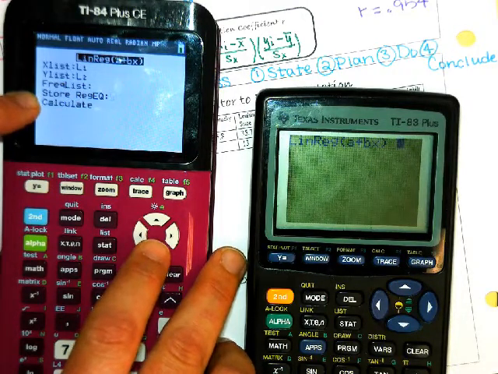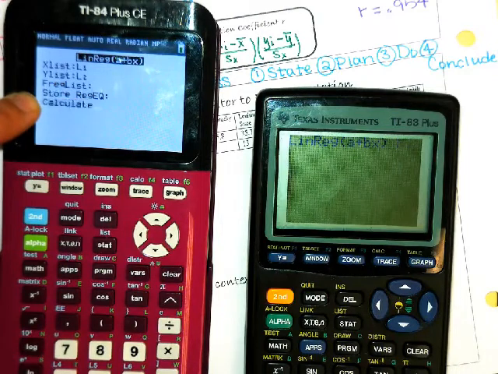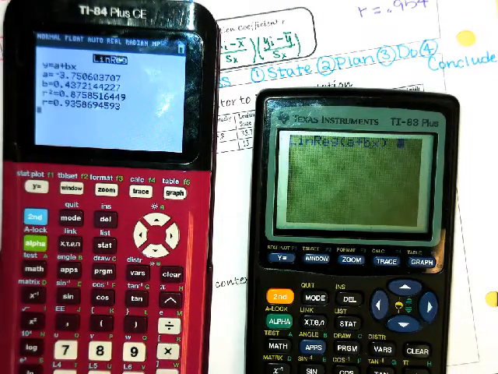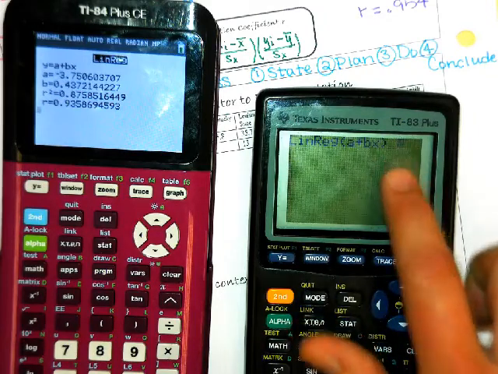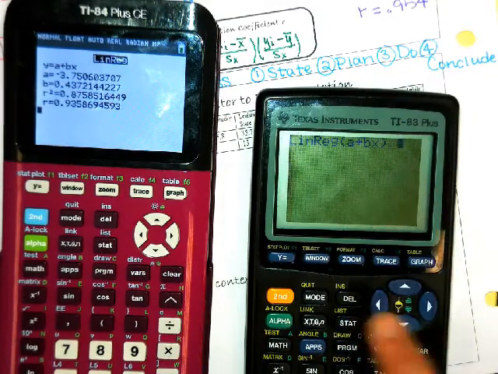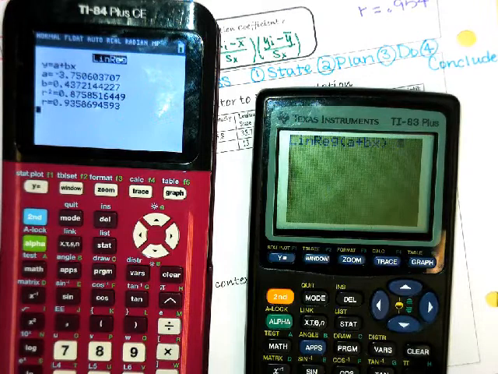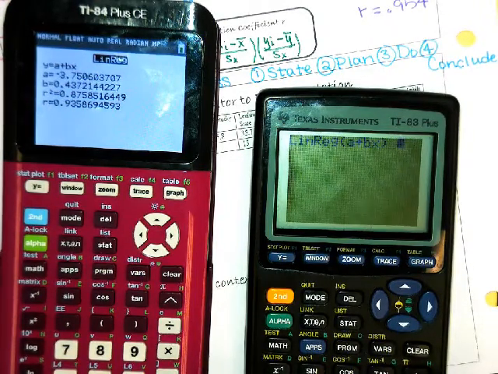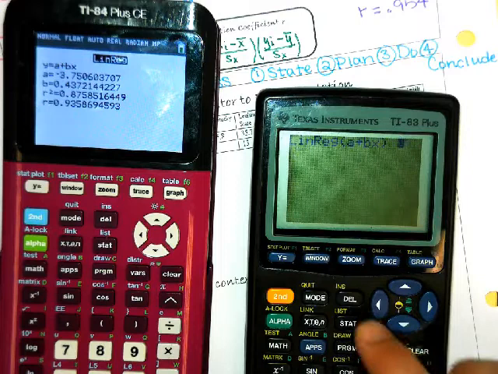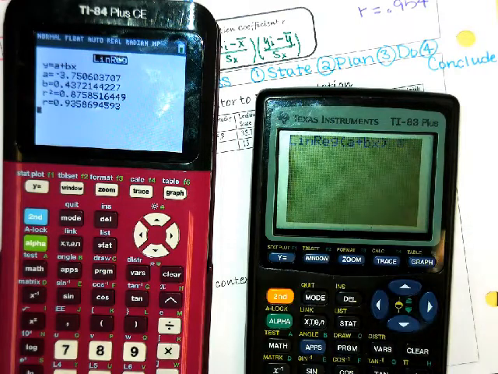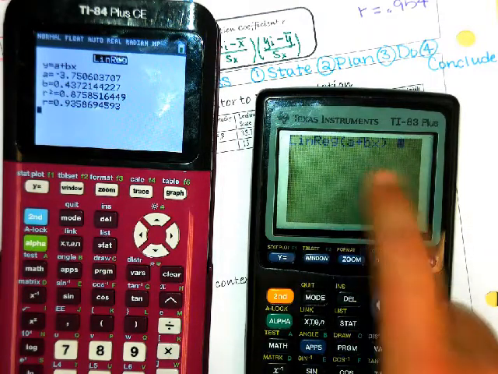On the older calculators, whatever lists your data's in, you're going to put your X list first, comma, your Y list, and then hit enter.